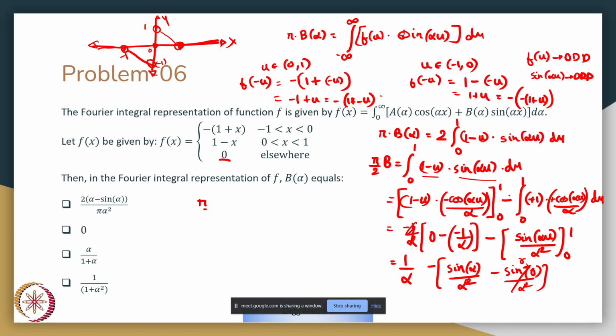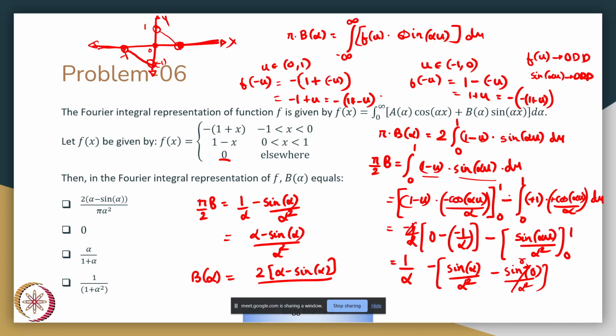So I get pi by 2 b to be equal to 1 by alpha minus sine of alpha by alpha square, which is nothing but alpha minus sine of alpha by alpha square. Therefore, I get b of alpha to be 2 times alpha minus sine of alpha upon pi times alpha square, which is option A.